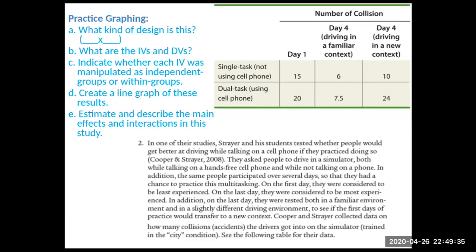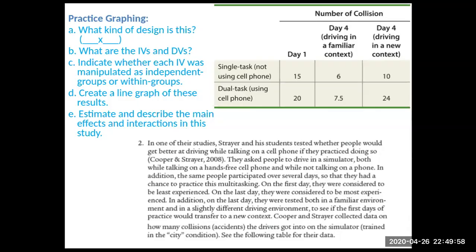So what kind of design is this? Well, if cell phone use is our first variable because it was the one named first in the study, we see two levels. Single task, not using cell phone, dual task, driving while using the cell phone. So the first number in this design is 2. The first variable has two levels.